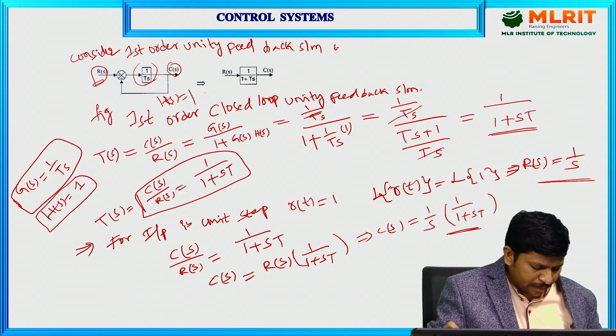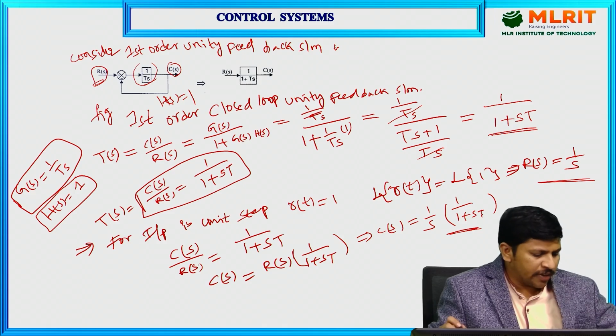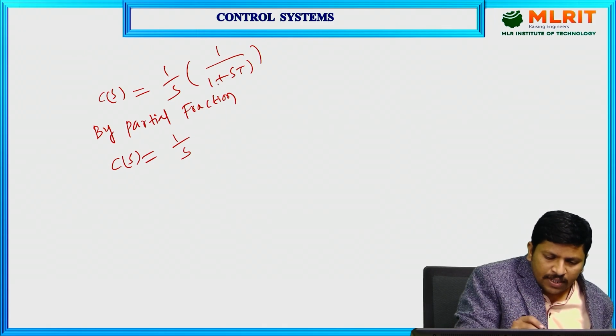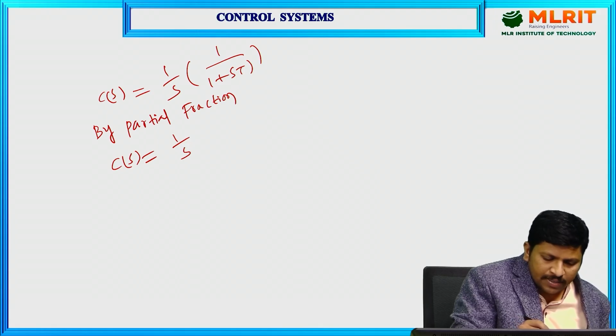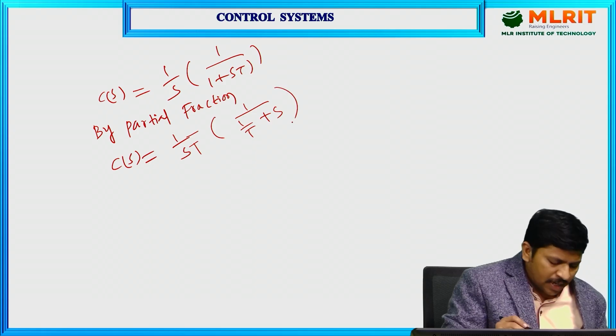Next I am going to take T common from this output equation. So with T common, we get 1 by s into 1 by (s plus 1 by T).